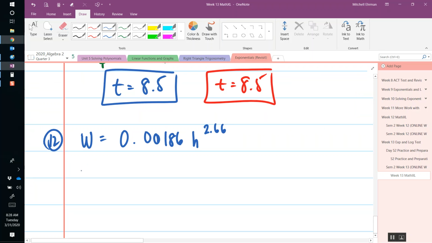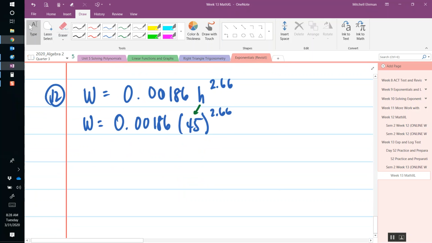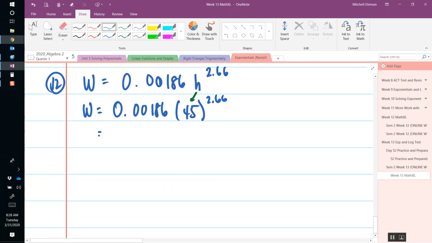And what we're told here is that we need to find the weight, which is still unknown, of a boy who is 45 inches tall. So if we substitute h with 45, we should be able to determine what a normal weight of a boy who's 45 inches tall should be. And again, we'll go to a calculator to evaluate this.